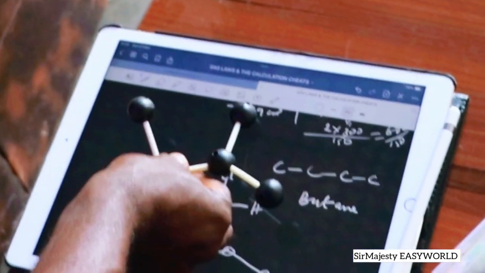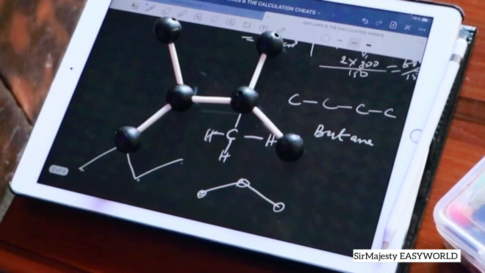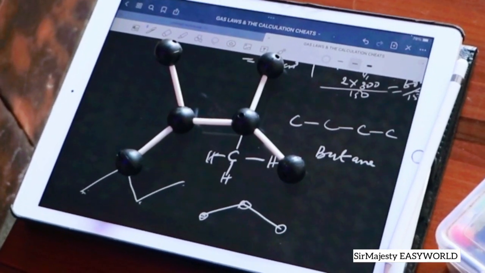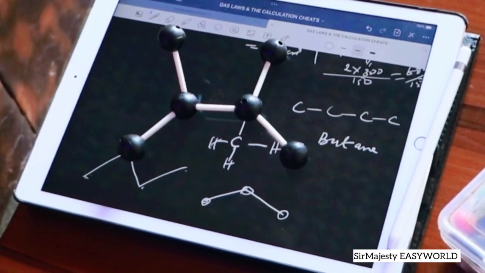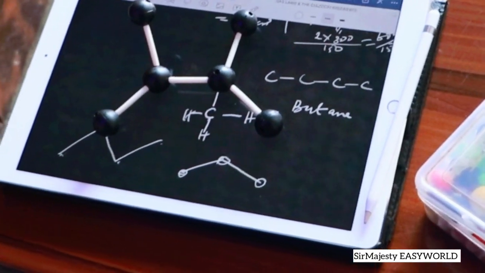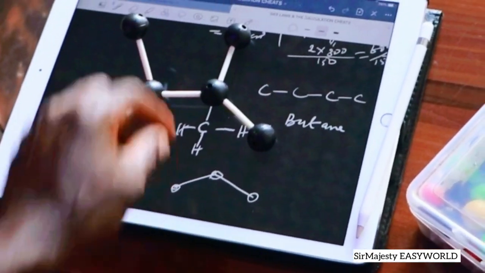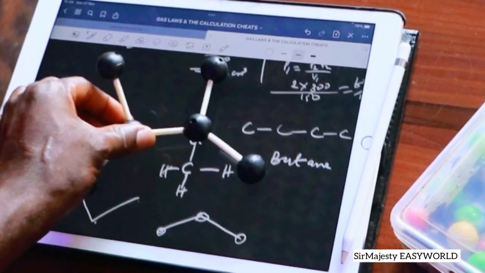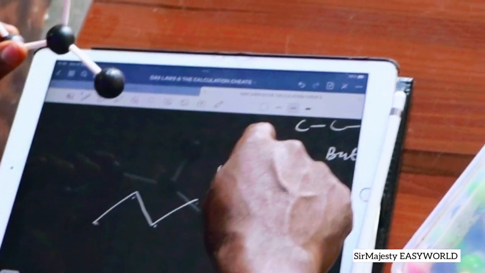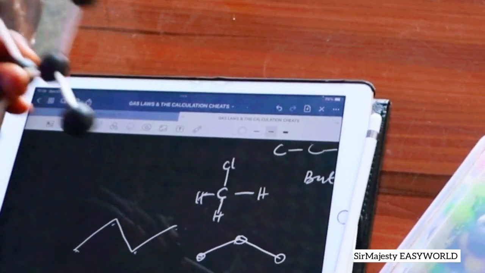Over here, if you are told to name this molecule, it might look a bit complicated, but what you have to do here is just start from primary carbon, and this is very good for you to learn what primary carbon is.